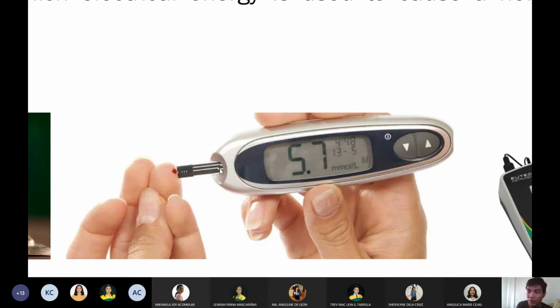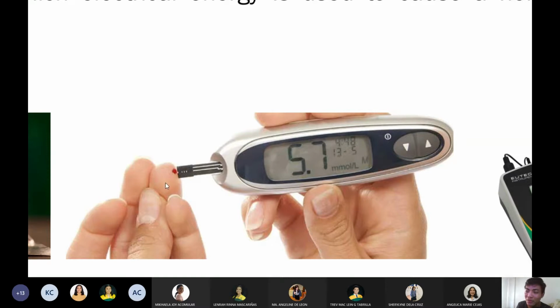Okay. Then in order for you to measure your glucose level, you need to prick your fingers, no? Ipiprick mo siya using a lancet, yung pinipindot tas biglang tutusok. Kaya tusukin mo na lang yan manually, okay lang. So you prick your finger and then you allow the blood to lumabas.